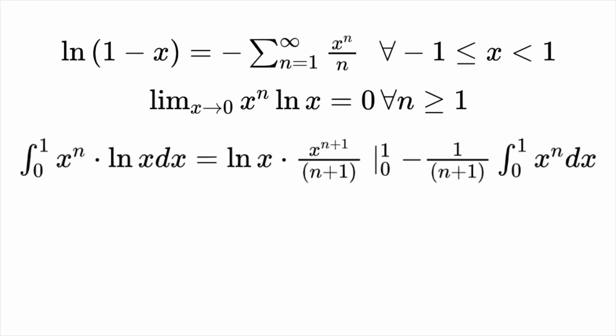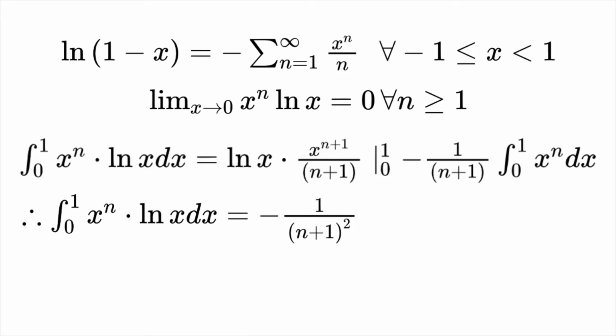So we get x to the power n plus 1 divided by n plus 1 from 0 to 1, minus 1 divided by n plus 1 times the integration from 0 to 1 of x to the power n dx. We have differentiated ln x, that is 1 by x, and 1 by x into x to the power n plus 1 becomes x to the power n.